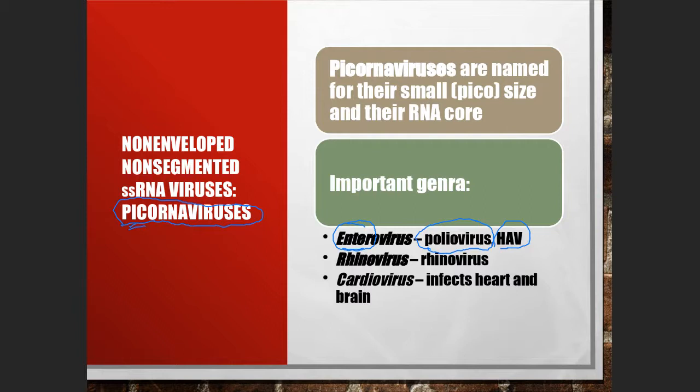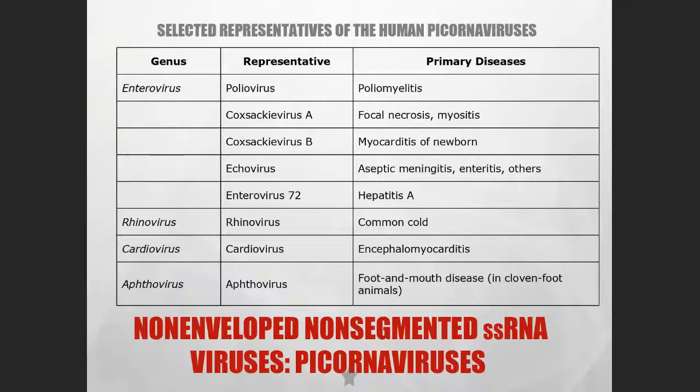Entero means intestine. And then rhinoviruses and cardioviruses, which may infect the heart and the brain. Maybe the most common one is the poliovirus, which causes poliomyelitis.